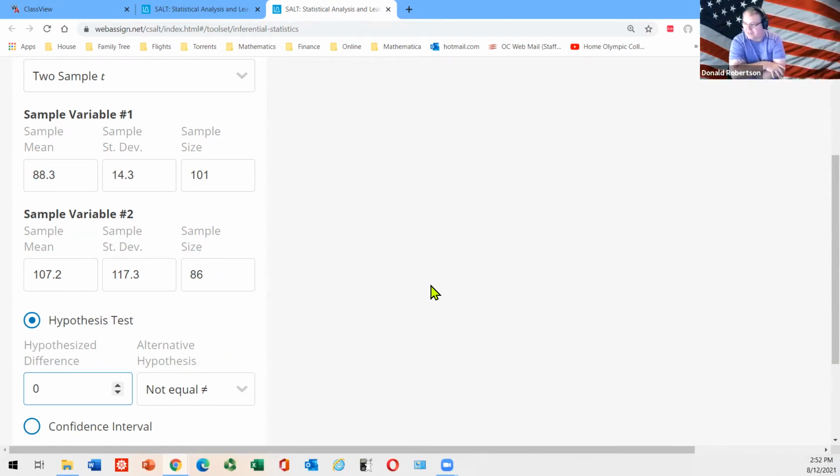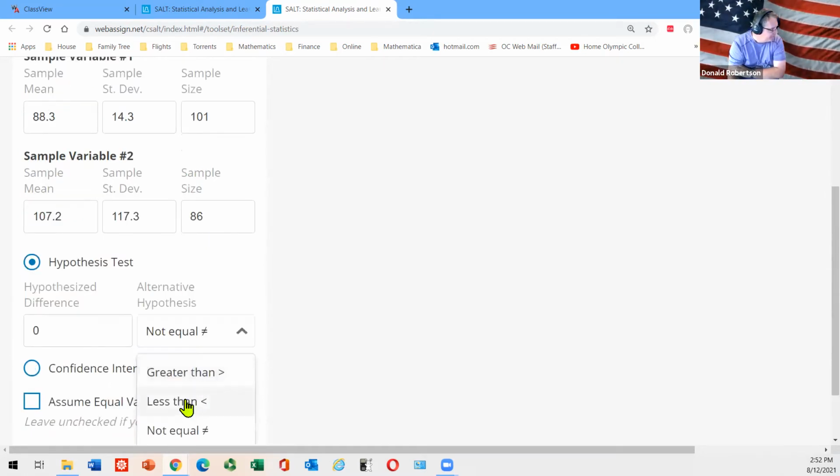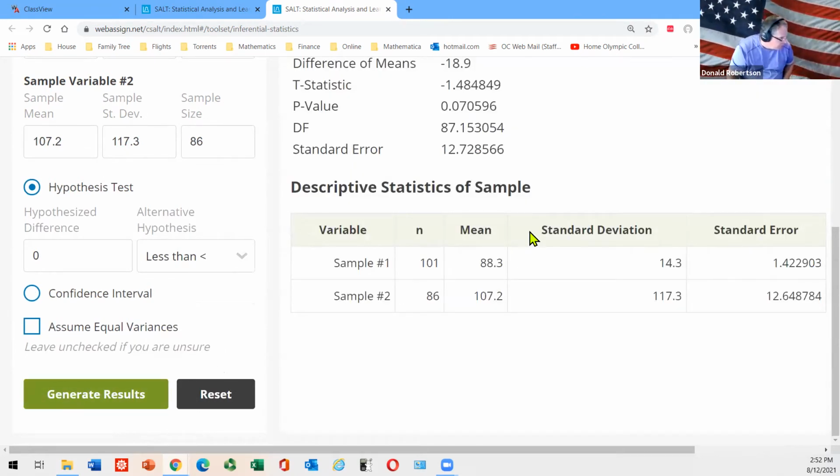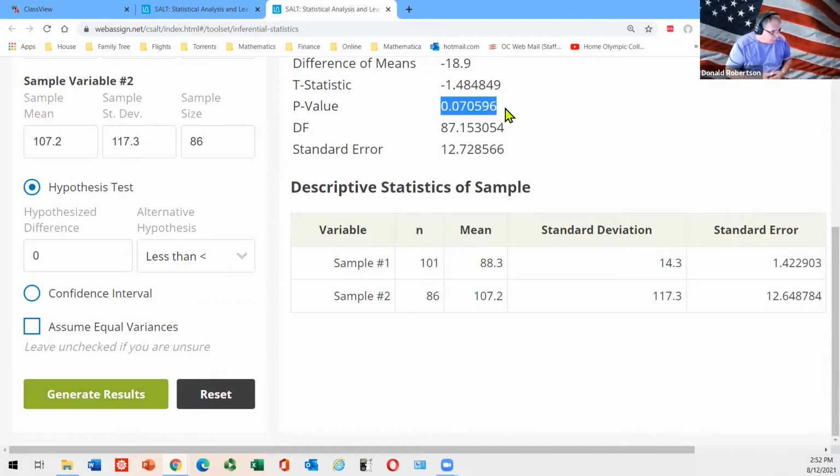Women small, men big, right? That's a less than story. I'm going to avoid that and just generate results. And the p-value that we got was 0.07. You see that? 0.07. Now let's return to the story.